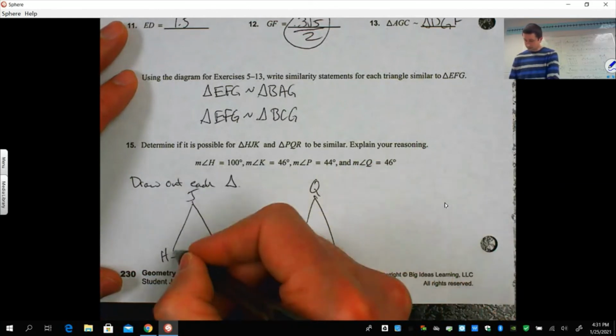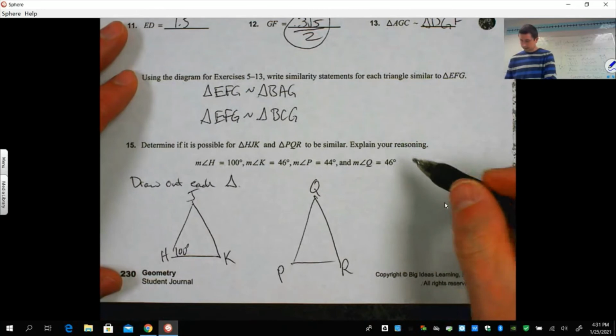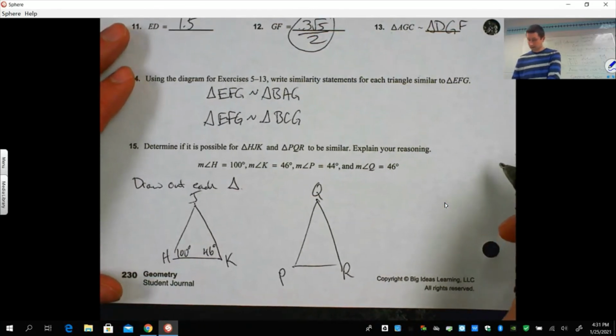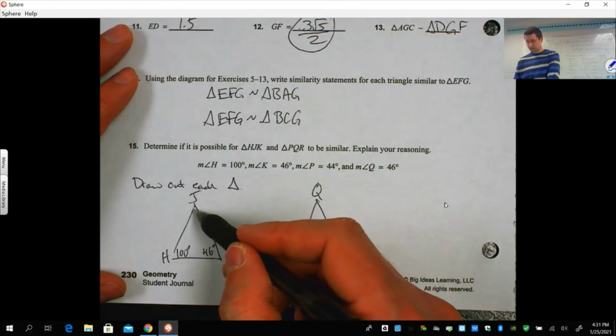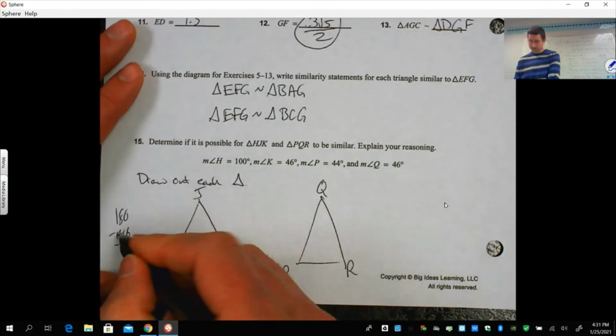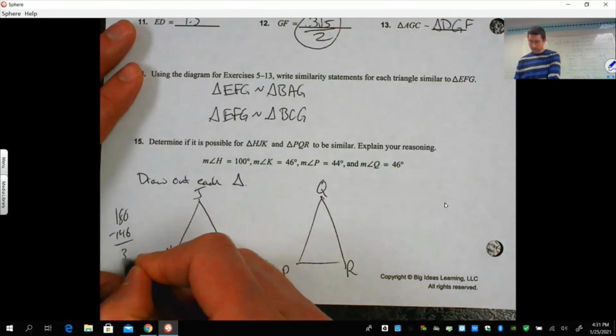H is 100 degrees. K is 46 degrees. That's 146, so 180 minus 146 makes this one 34 degrees.